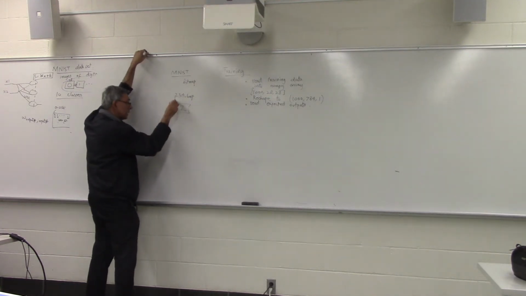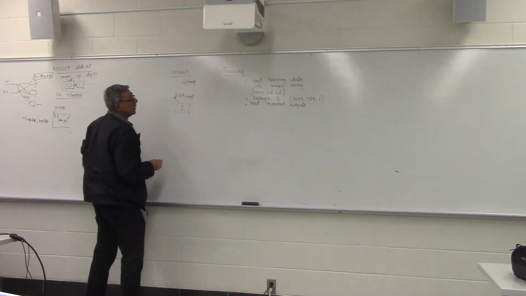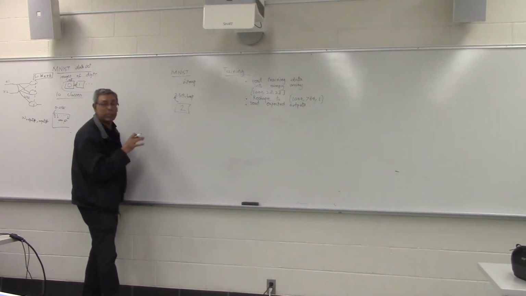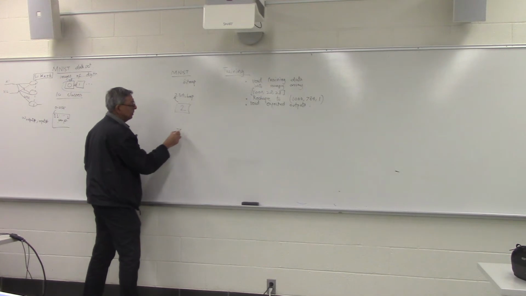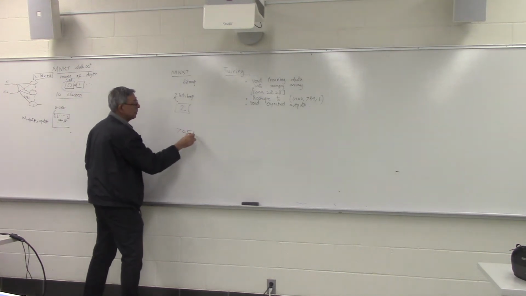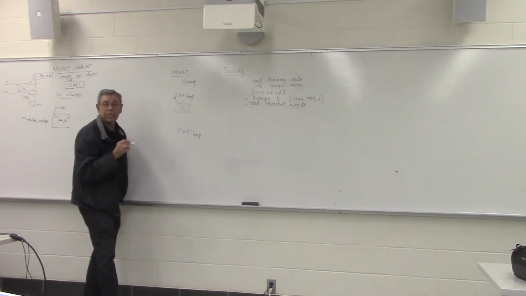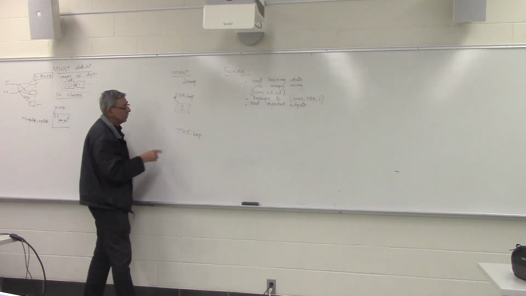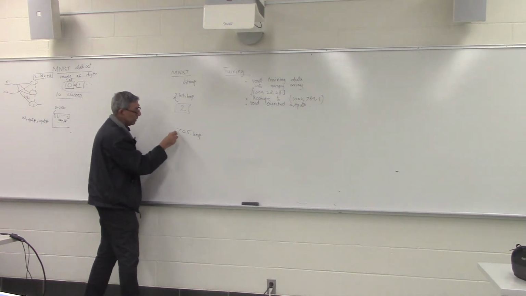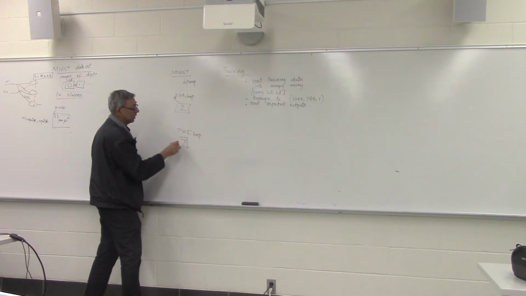So the first character over here tells us what the digit is. For example, if you have a file 705.bmp, what does it correspond to? Number 7, right?